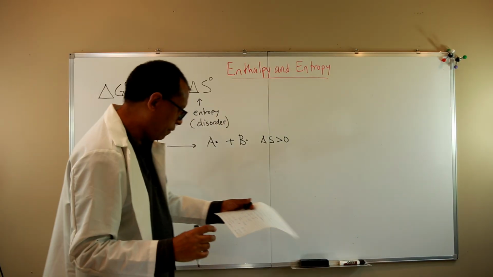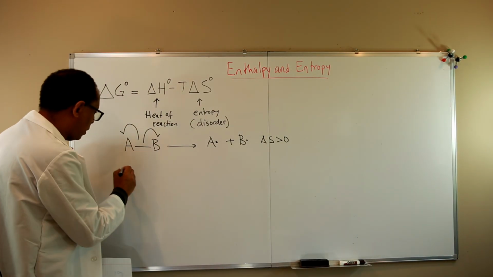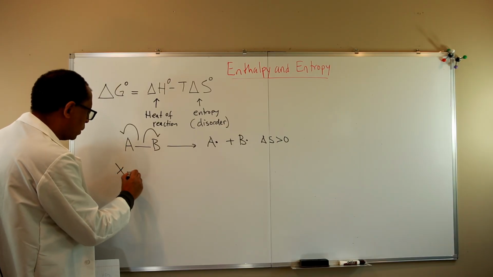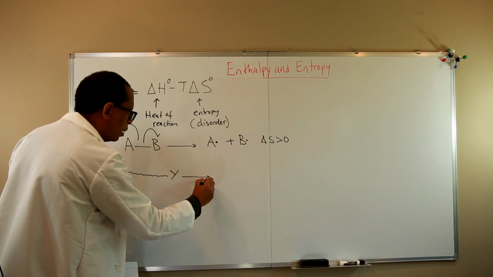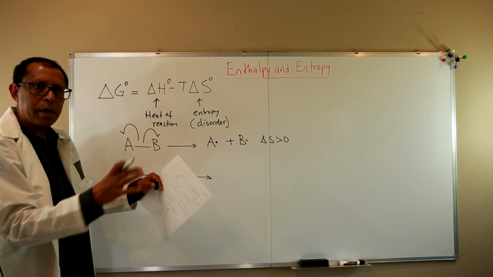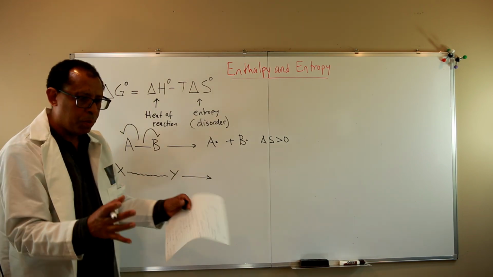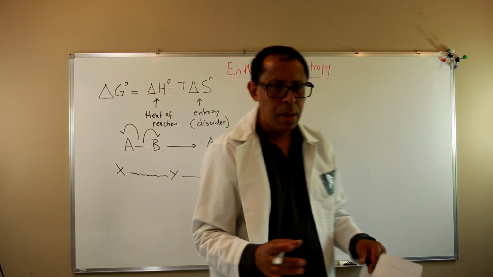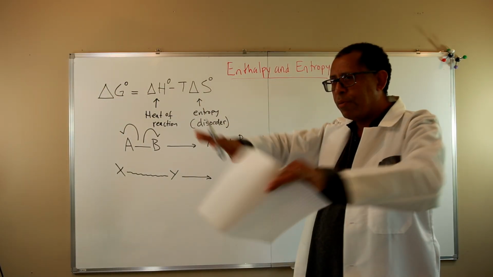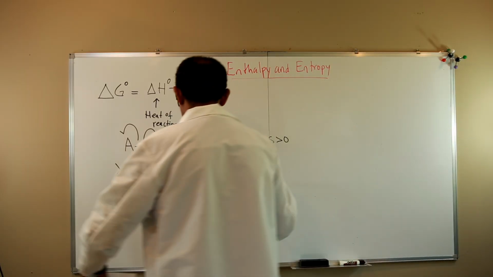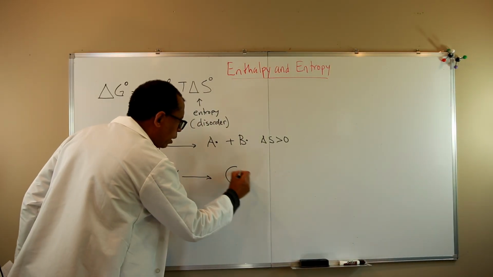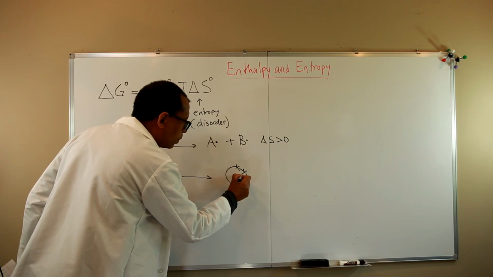Okay, if you have X and Y, let's say they were this far apart, but when you put this species into a reaction system, instead of stretched out like a long chain, it becomes a tiny cyclic system like that.